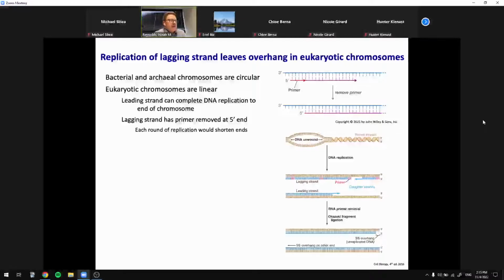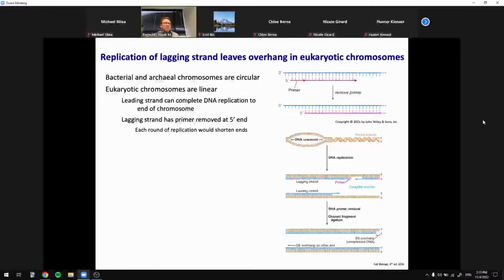One of the strands can finish, but the lagging strand is going to have a primer there that's going to get taken off. And if that primer gets taken off, then what you're left with is a little gap.